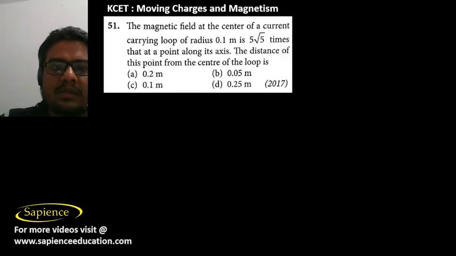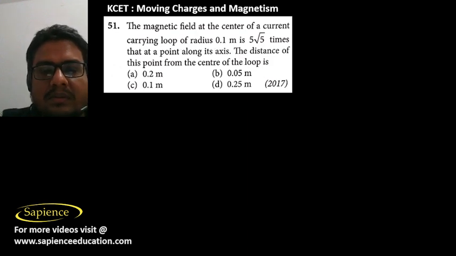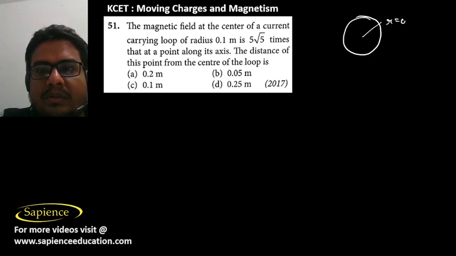Question number 51, it is told the magnetic field at the center of a current carrying loop of radius, there is a loop of radius 0.1 meter. The magnetic field at the center is 5 root 5 times that at a point on its axis. Then the distance of this point from the center of the loop is how much?